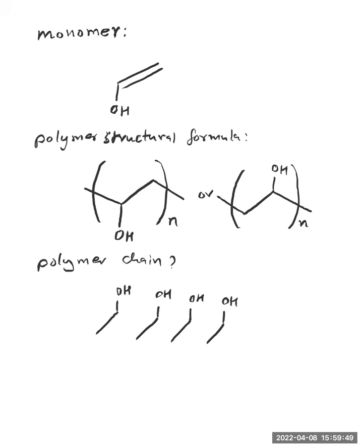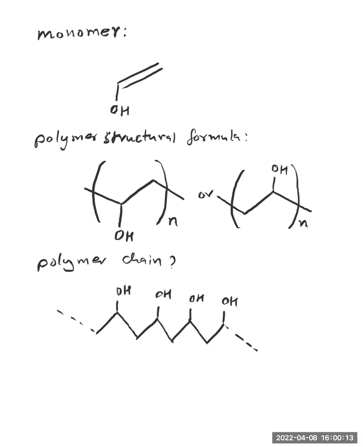We connect these with bonds. It's called the polymer chain of, this is polyvinyl alcohol, by the way. This is the polymer chain of polyvinyl alcohol. We can do another one.